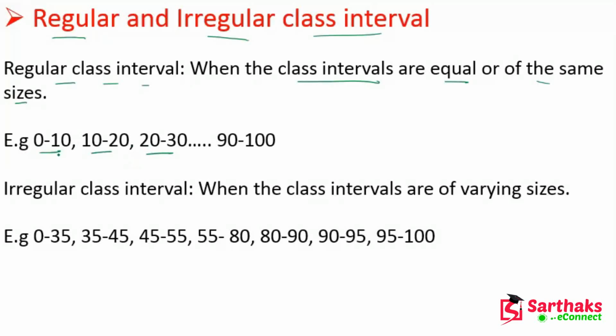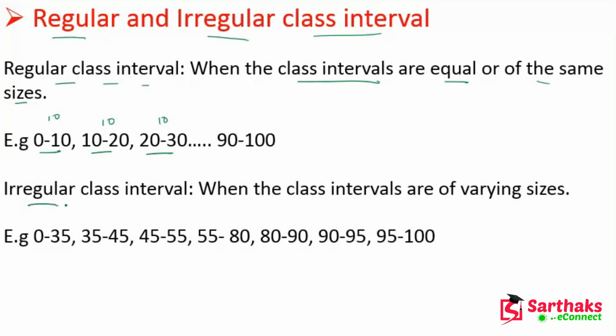The width of these intervals is 10 minus 0 is 10, 20 minus 10 is 10, 30 minus 20 is 10. It means the class size or class width is the same in all the class intervals. So these types of intervals are regular class intervals.